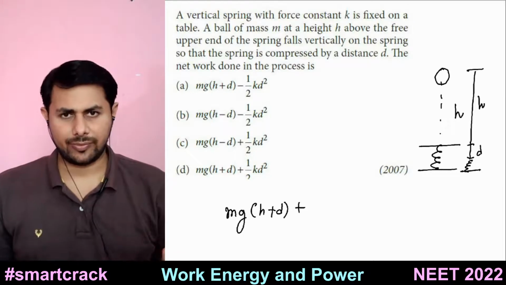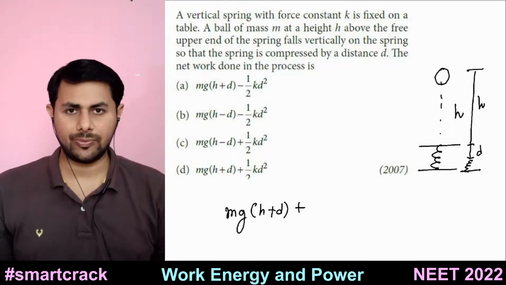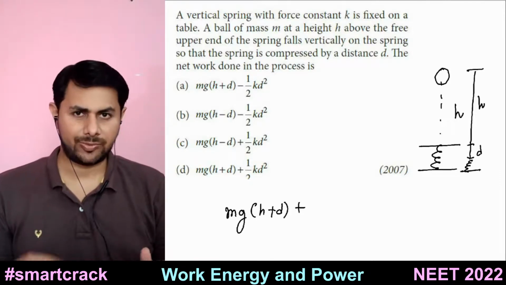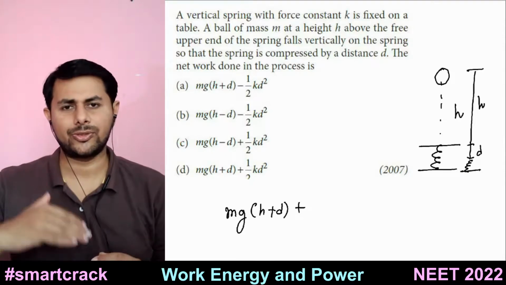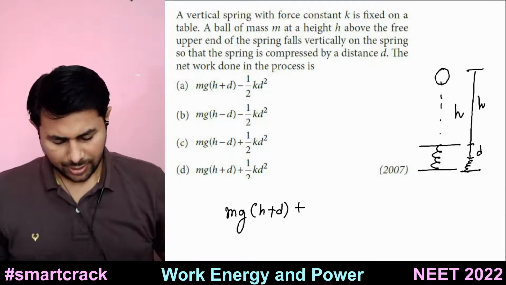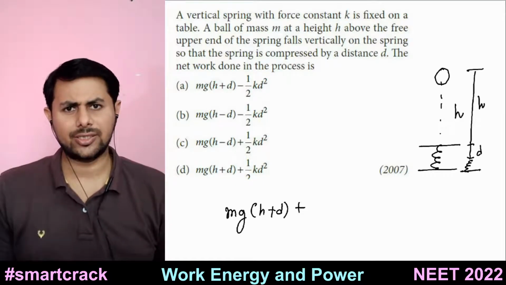against the spring. Okay, so there are two forces, one is gravity, one is spring force. Here work is being done against the spring force because the spring force will try to push it upwards, but it is moving downwards. So by how much distance is the spring getting compressed? By distance d.